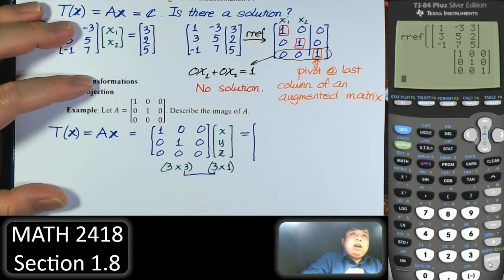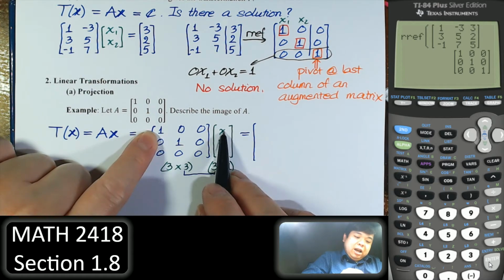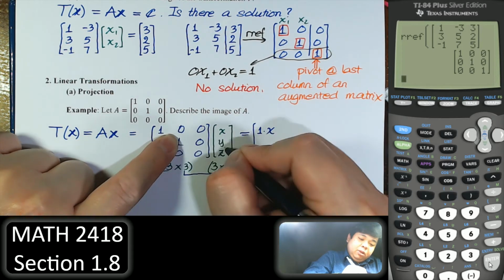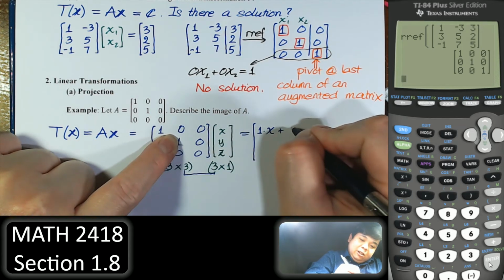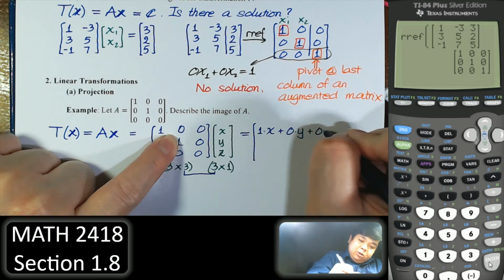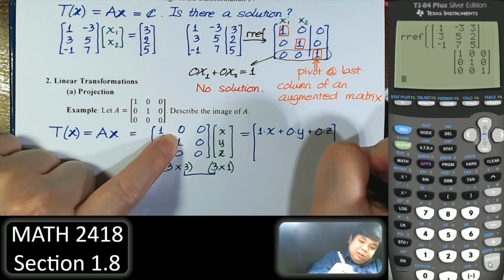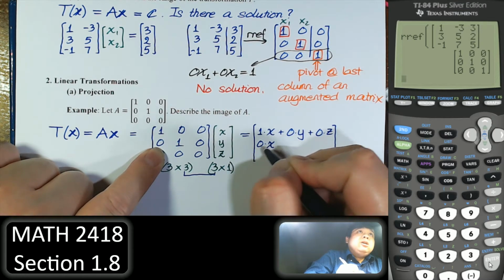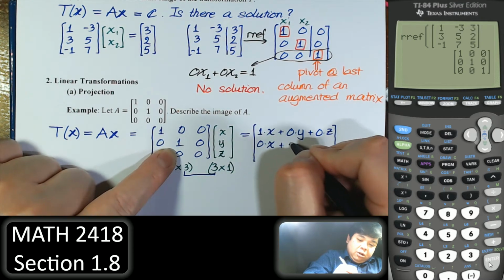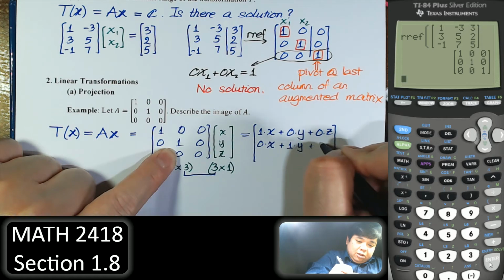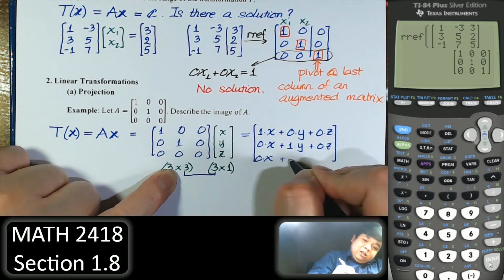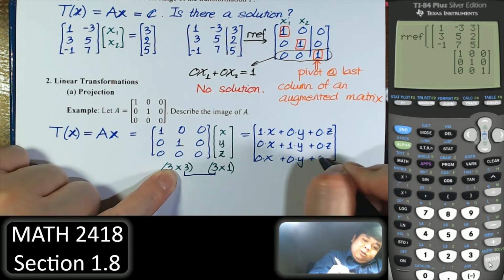Now just multiply. 1 times x plus 0 times y plus 0 times z, and then 0 times x plus 1 times y plus 0 times z, and then the last one, 0x, 0y, 0z.